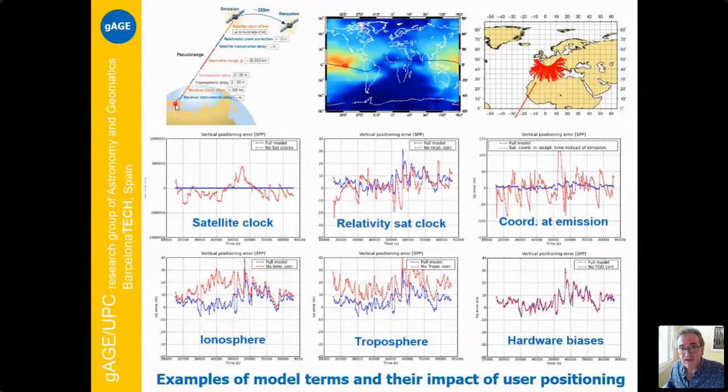And at this time, the satellite is at this different location. When the signal gets to the receiver, the satellite has moved. Then we need some algorithm in order to estimate the emission time from the reception time. Neglecting this detail, we can get errors at the level of more than 100 meters.